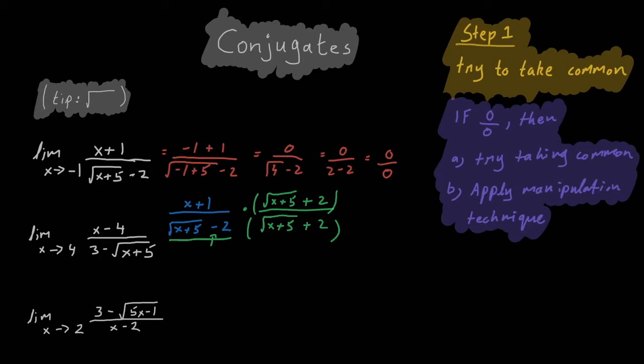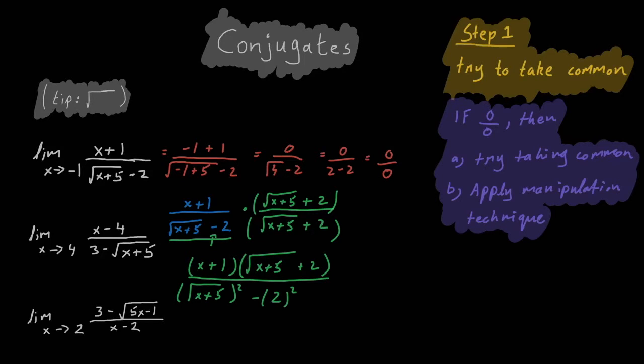If we simplify, we will get x plus 1 under root x plus 5 plus 2 in the numerator, and if we simplify the denominator, we will eventually get under root x plus 5 square minus 2 square.